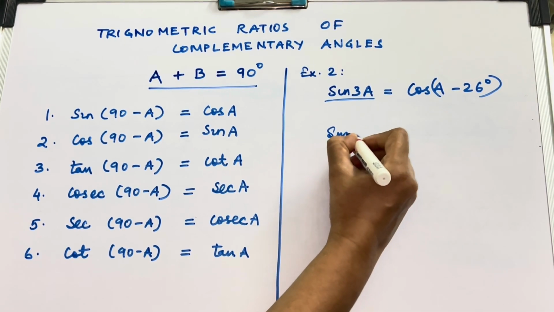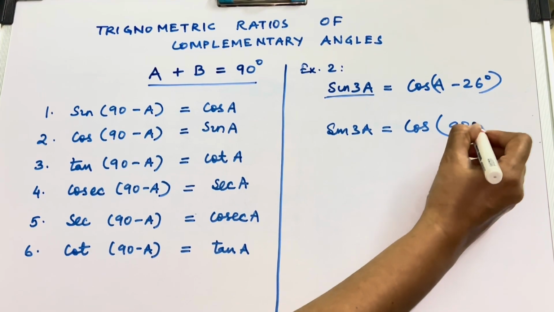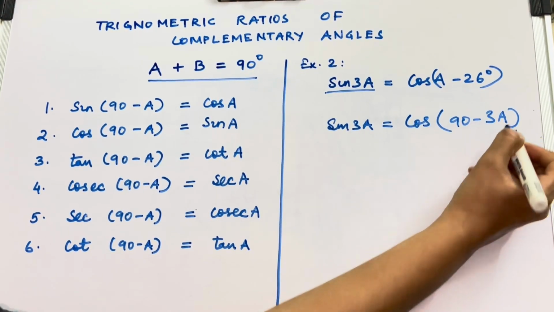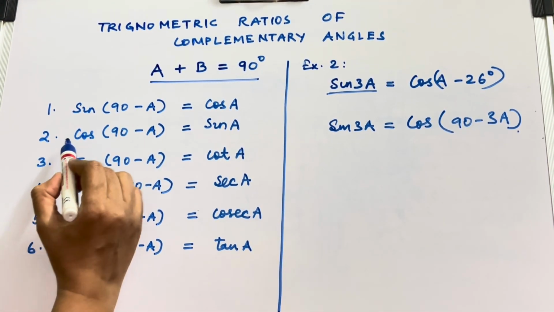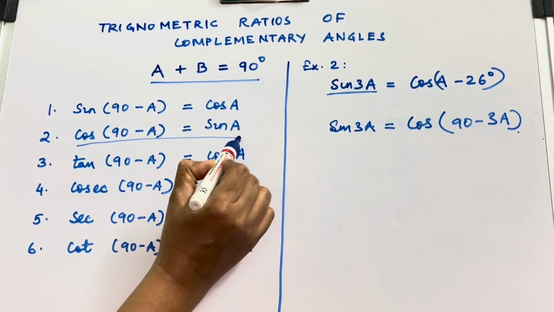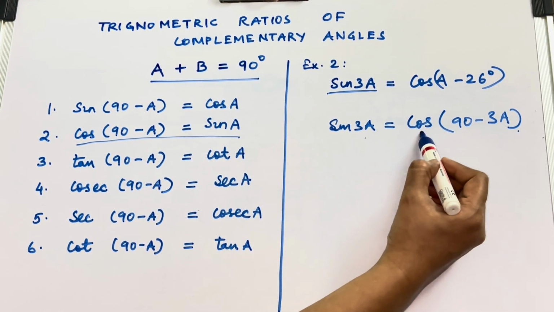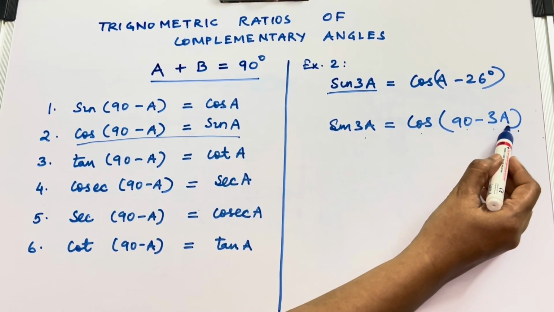Sin 3A can be written as cos 90 minus 3A, using the second identity, cos 90 minus A is equal to sin A.